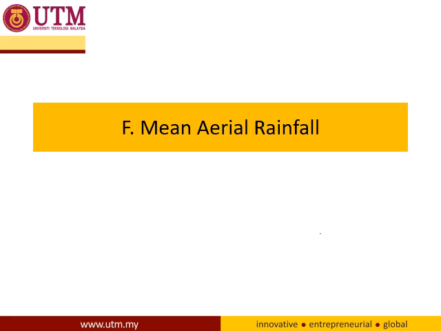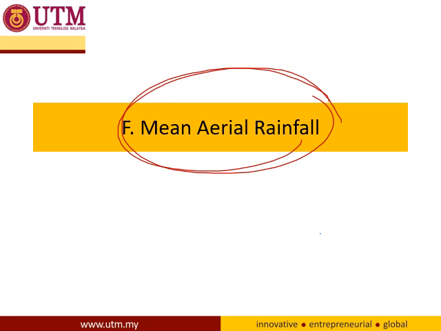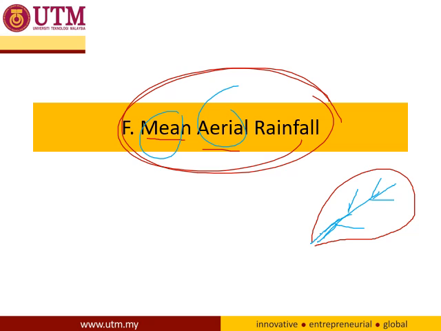So now we move on to mean areal rainfall. The method is quite similar to the missing data methods, but here we want the mean areal rainfall. The keywords here are mean and areal. Areal means, let's say there is a catchment. This is the catchment, this is the river, and the tributaries. So we want to find the mean areal rainfall.